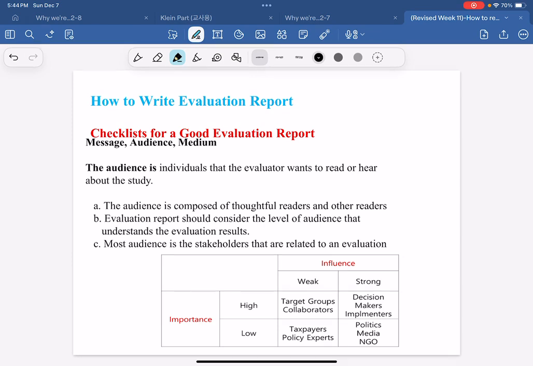Therefore, in terms of the decision makers and implementers who are responsible for policies, the evaluators need to write the content of the evaluation report.